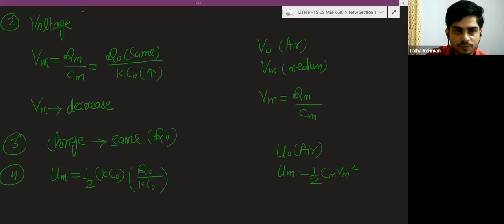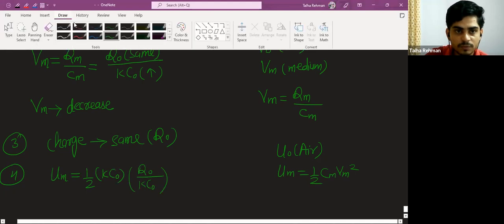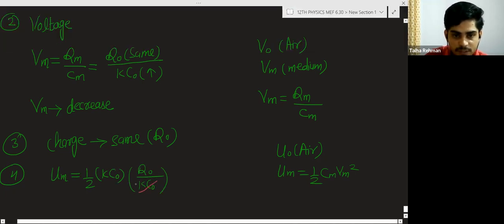So this C naught and this C naught cancel out, and this is the square. So this will become half K, and Q square means Q naught square, divided by K square C naught square.